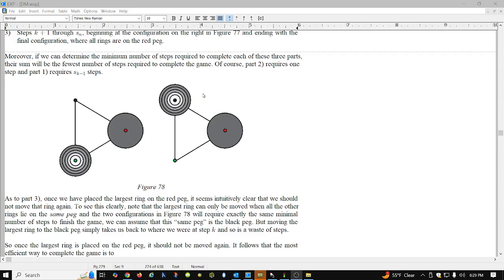That's the symmetry I was talking about in the pegs that seems pretty clear from these pictures, but maybe not as much when the pegs are in line. Maybe so, I don't know. Just seemed like a good idea at the time to put them in a triangular configuration. So we can pretty much ignore this one and assume that when the largest ring is moved, all the other rings are on this bottom left peg.